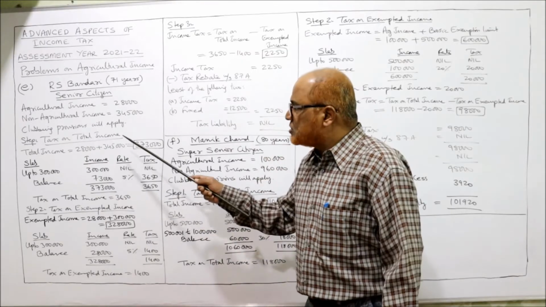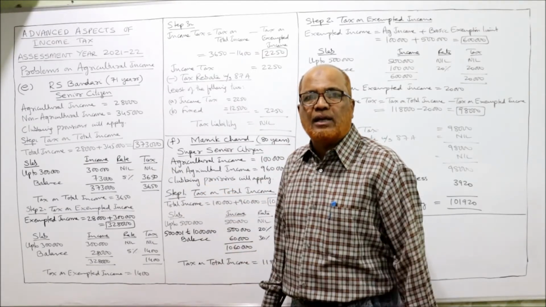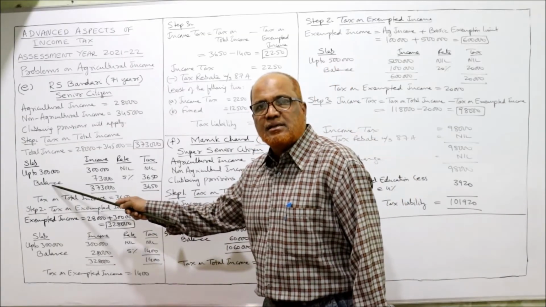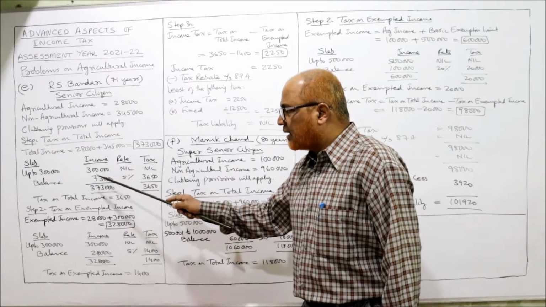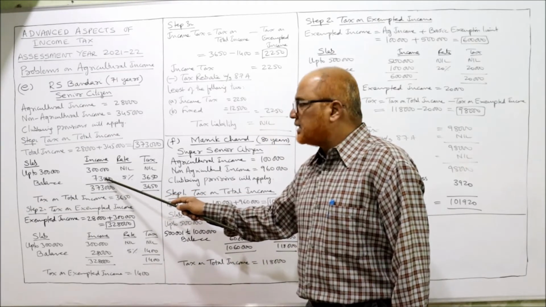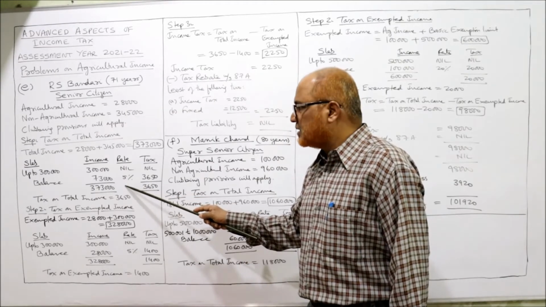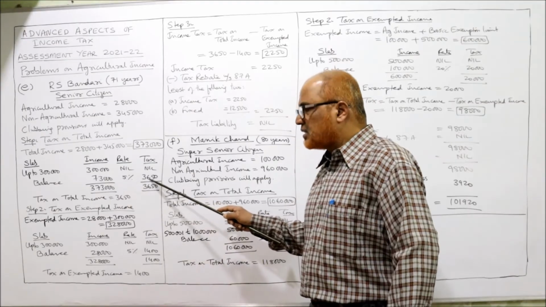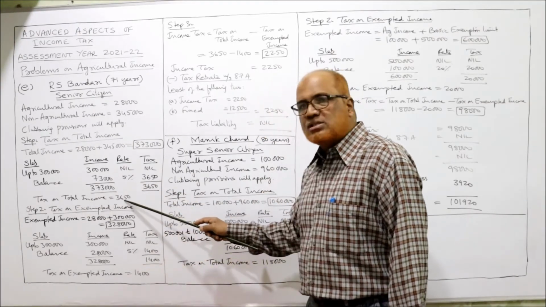But our total income is not going up to 5 lakh, it is 3,73,000 only. That's why I am taking the balance. 3,73,000 minus 3 lakh, so 73,000 rupees is the balance. On this balance, the tax rate is 5%. The second slab is 5%. So 73,000 at 5% is 3,650. Now we got tax on total income 3,650.